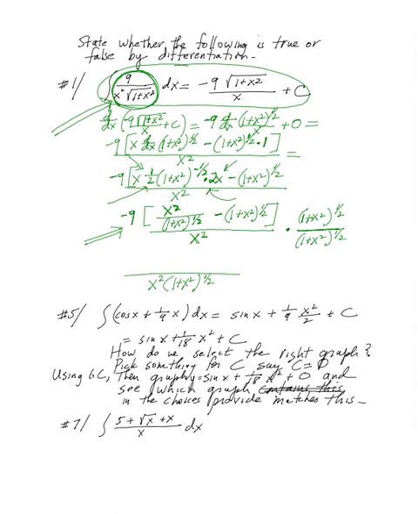But in the top, I have to distribute this 1 plus x squared to the 1/2 across this subtraction sign. When I multiply 1 plus x squared to the 1/2 by this first term, x squared over 1 plus x squared to the 1/2, those 1 plus x squareds to the 1/2 cancel, and I just get x squared.